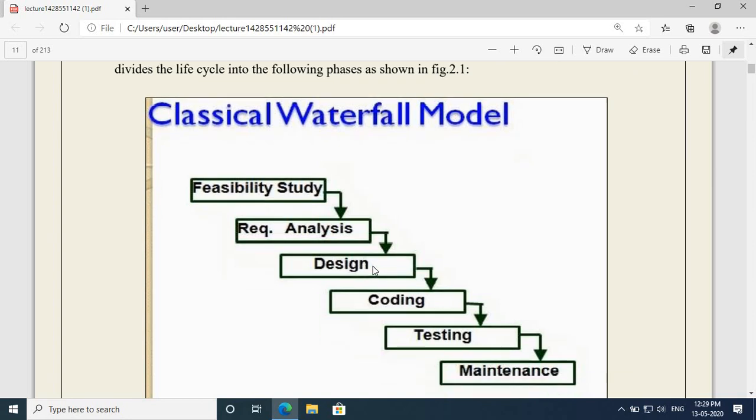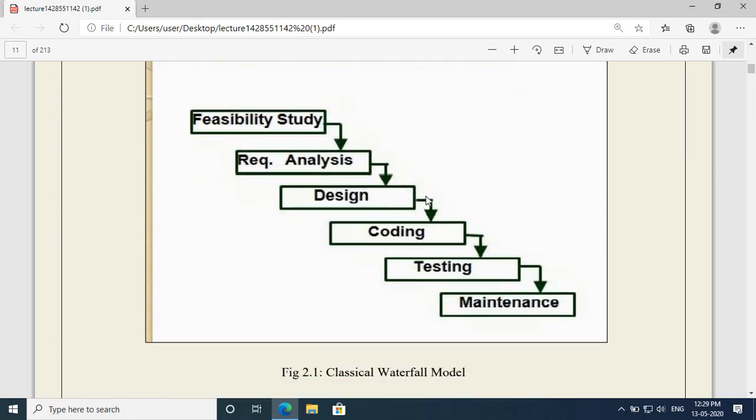The diagram itself represents a waterfall. Like a waterfall, the water falls in a phase-wise manner. The diagram also looks like a waterfall, so this is known as the waterfall model.